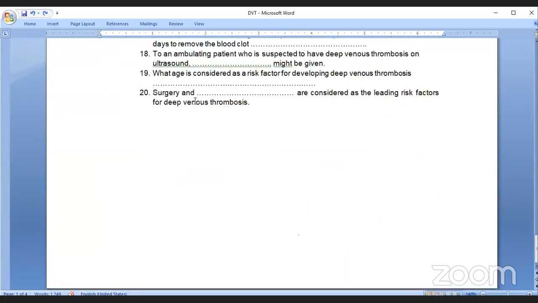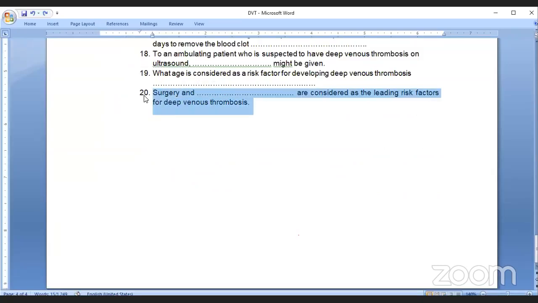Last question. Surgery and dash are considered as the leading risk factors for deep venous thrombosis. In which text can you find the answer? B. Okay, very good.